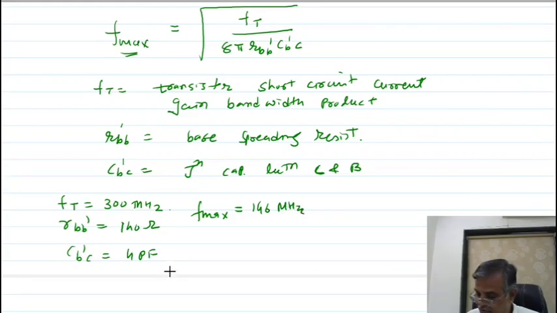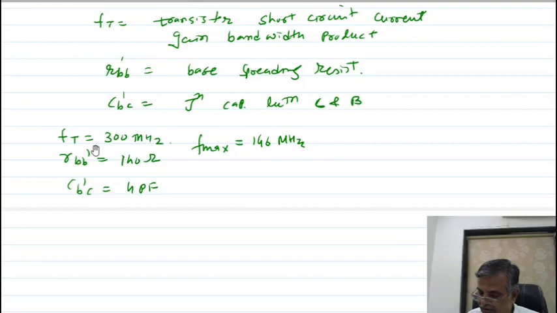This discussion shows that F maximum is less than Ft. Ft is nothing but the transistor short circuit common emitter current gain bandwidth product.